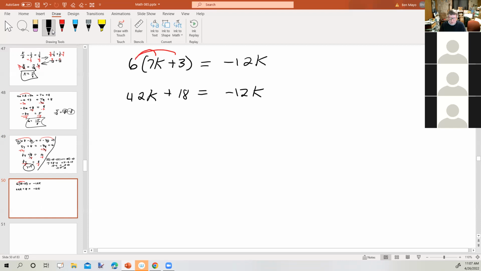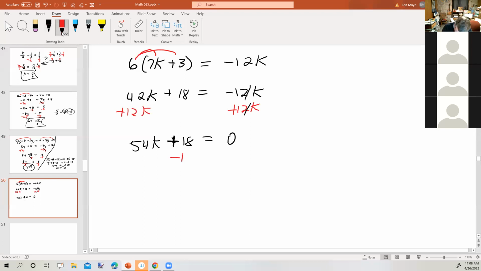All right. So now I want to put all the k terms, all the variable terms on the same side of the equation. Well, if we put them on the left, we would add 12k to both sides. On the left side, I get 54k plus 18 equals 0. Since I put all the k's on the left, I need all the constants on the right.